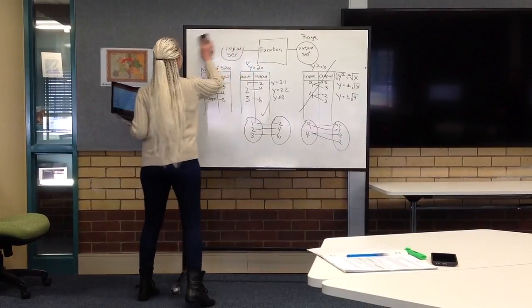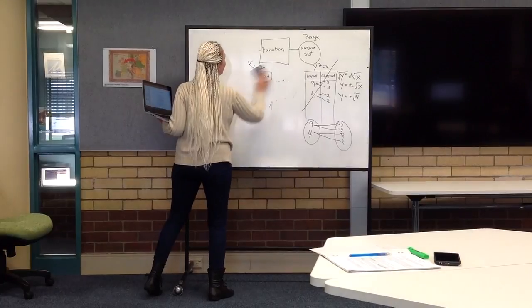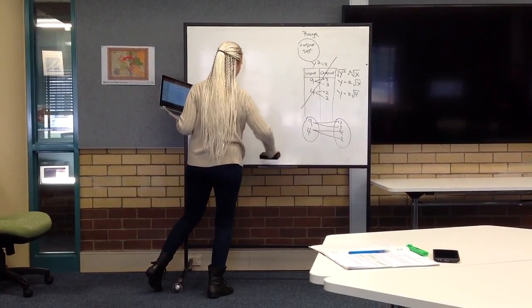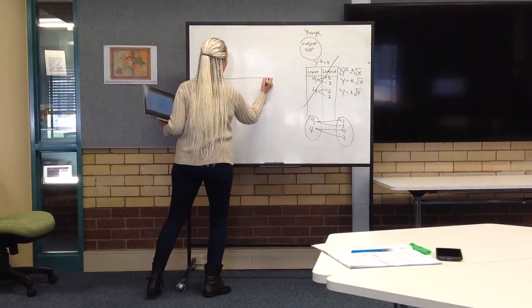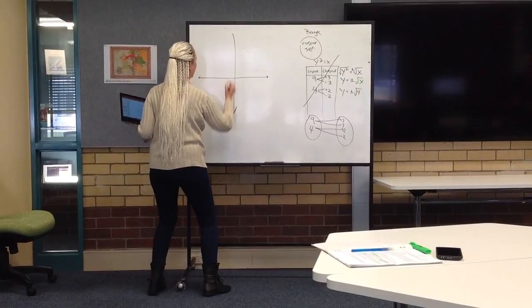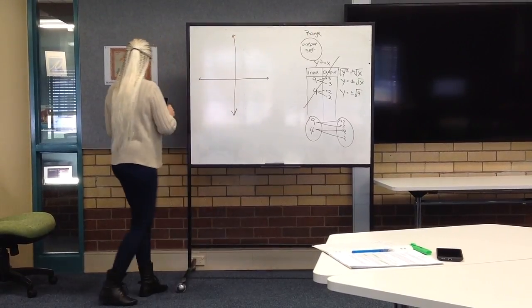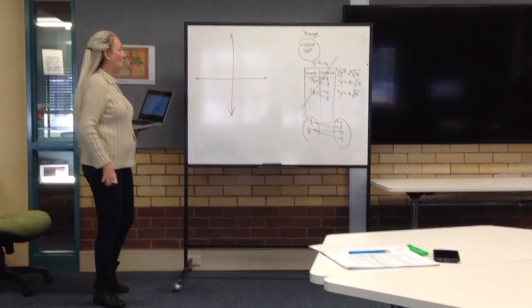Now, we're going to look at something really quickly. We're almost done here. Don't fall asleep on me yet. Who remembers what this is? Let's jog our memories a bit. What is that? Cartesian plane. Okay. And what can we do with it?